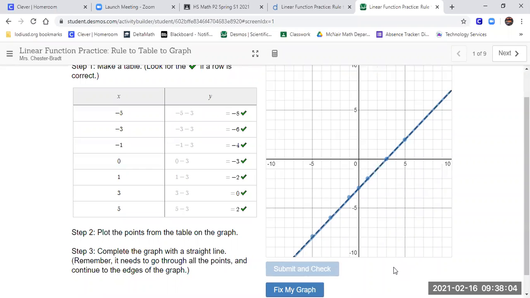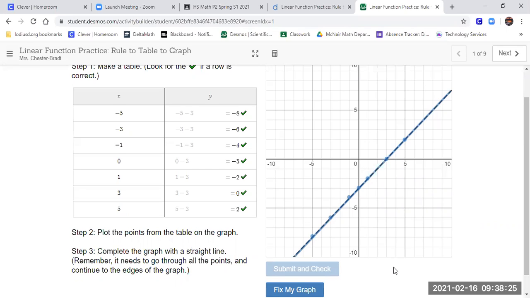If you hit Submit and Check, and it turns out that your line isn't good, or you've got your points in the wrong spot, right?